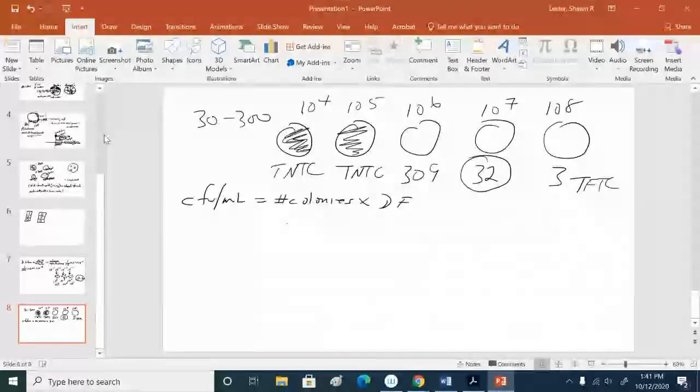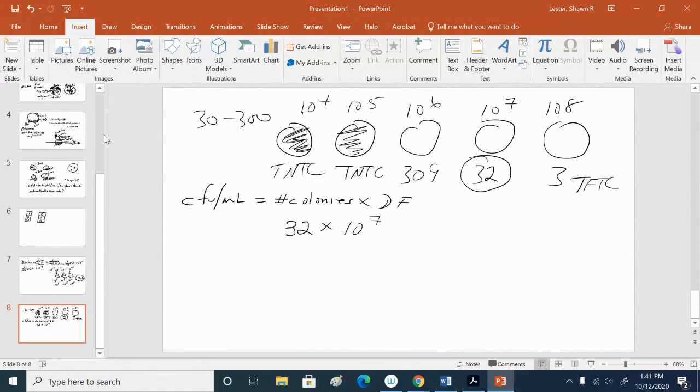Is it 3.2 times 10 to the 8? Well, you're jumping to the end here. Right now, it's the number of colonies. You guys are making this hard, right? 32. What's the dilution factor for that plate? 10 to the 7. 10 to the 7, right?